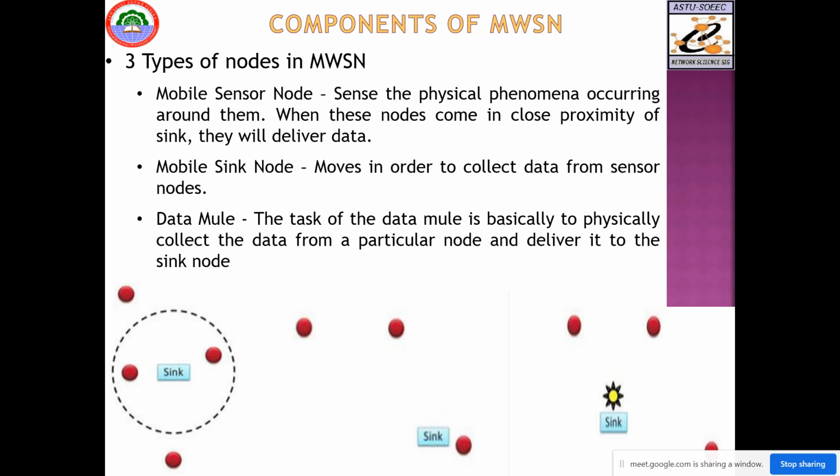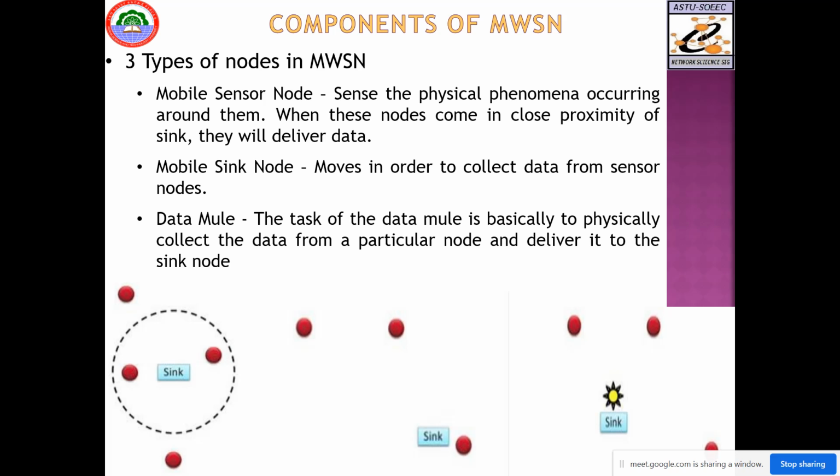The sensor nodes inside the dotted circle are reachable to the sink node, so these two nodes will transfer the data to the sink node. Later the sink node shifts towards another node to collect the data. Again it shifts towards another node to collect the data. Likewise, these are the three main components of mobile wireless sensor networks.